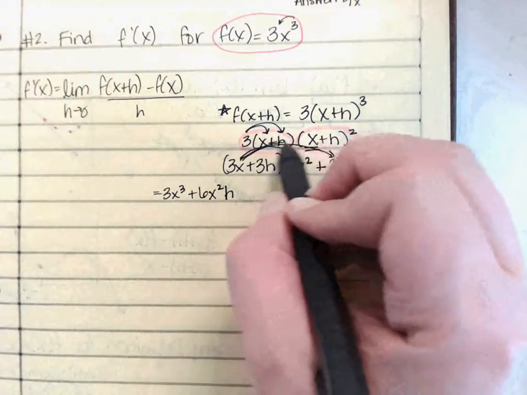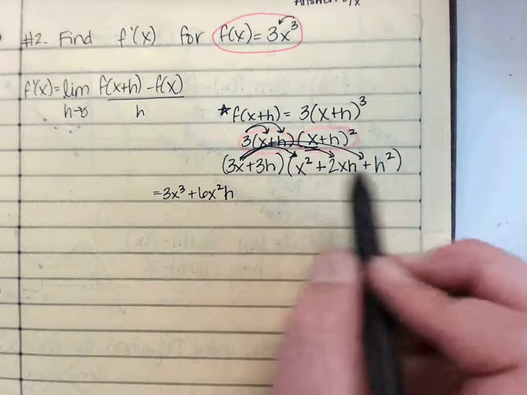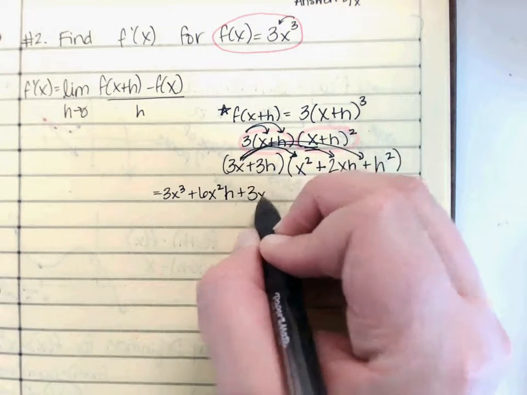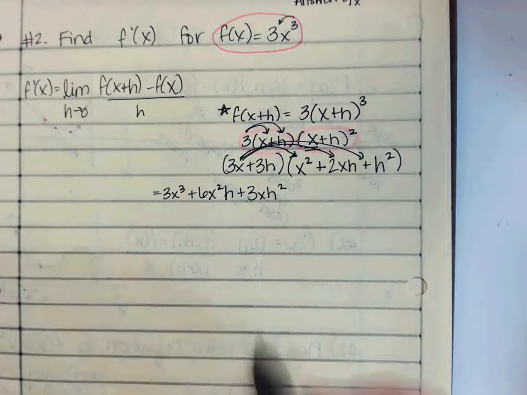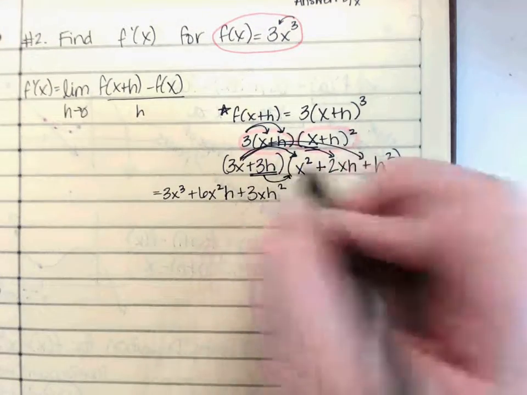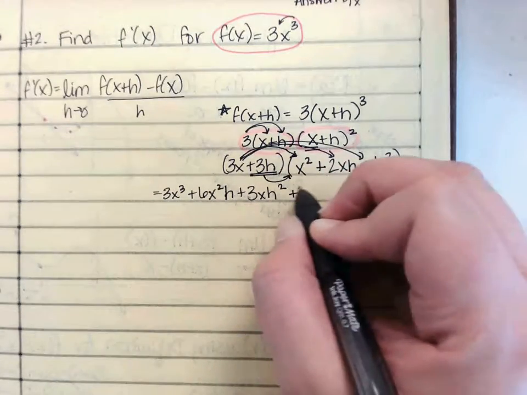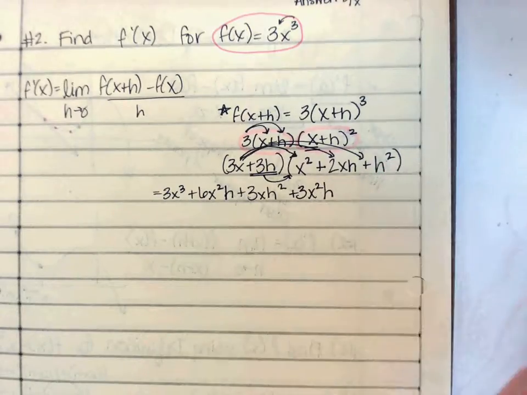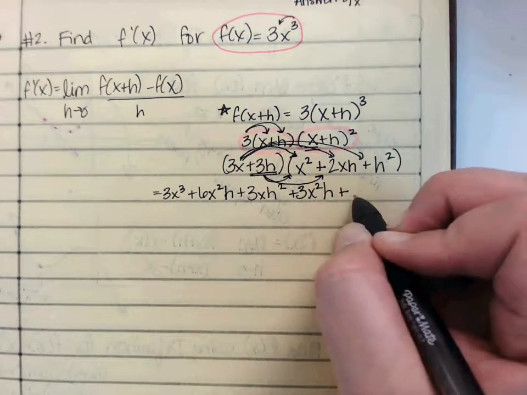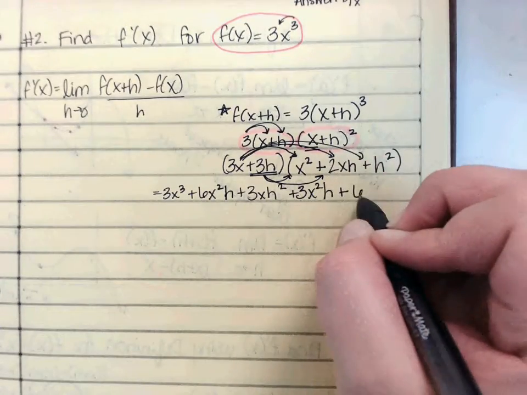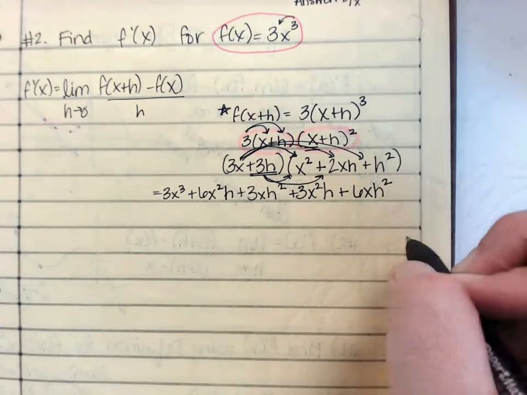Last one for my first thing I'm distributing. 3x times h squared is 3xh squared. So far, so good? So I distributed the 3x. Now what are we distributing? 3h. Good. What's 3h times x squared? 3x squared h. Good. Okay, 3h times 2xh. 3 times 2 is 6. Xh squared. Last one?